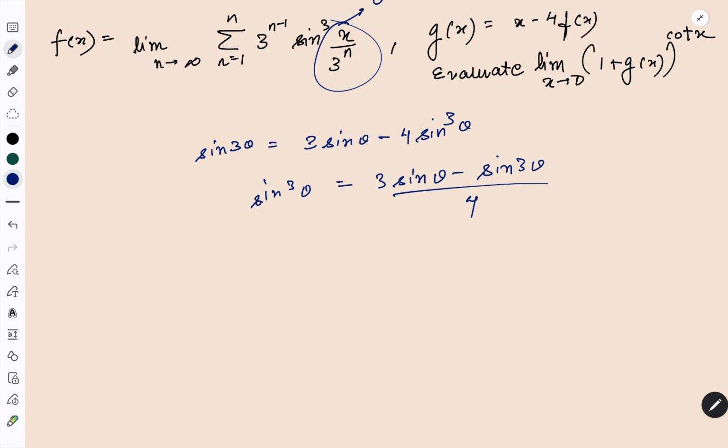So this becomes 3 times sine of x by 3^n, minus sine of 3x over 3^n, and then we have 3 to the power n over 4.